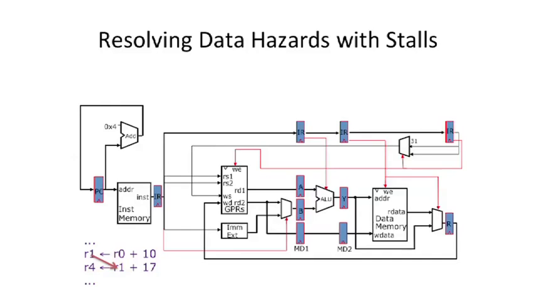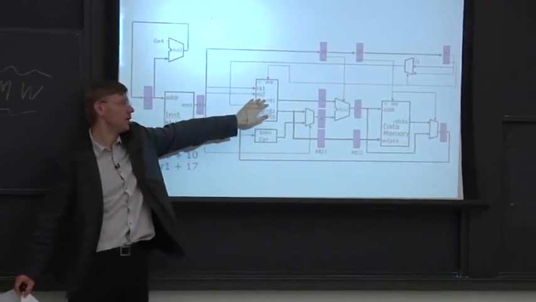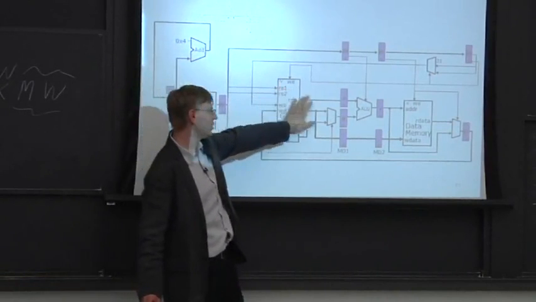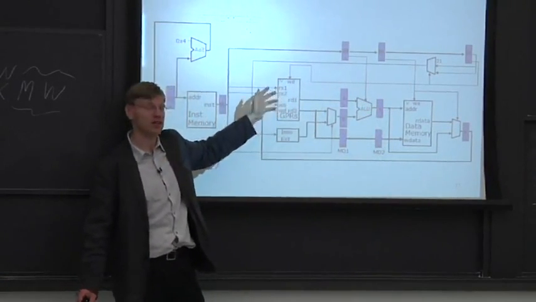When we were looking at these 2 adds, it wasn't a problem until the second add went to read the register file here. If we didn't read the register file until later, this would not have been a problem because the value might have been up to date.